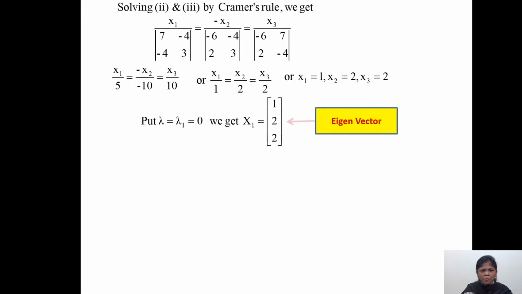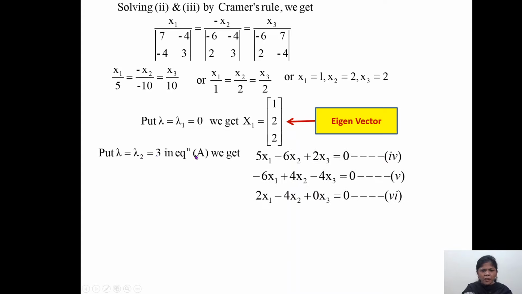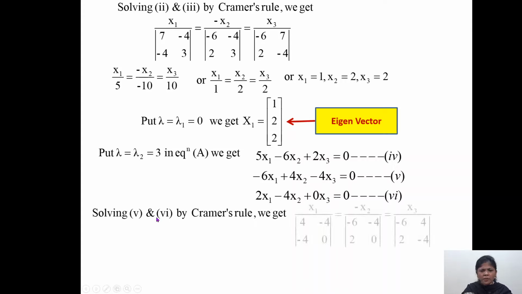Similarly, next we put the next value of lambda, that is 3, in equation A. We get such equations again, and again all three equations are distinct. So solve any two equations of your choice by Cramer's rule. I am taking the last two equations, 5 and 6.